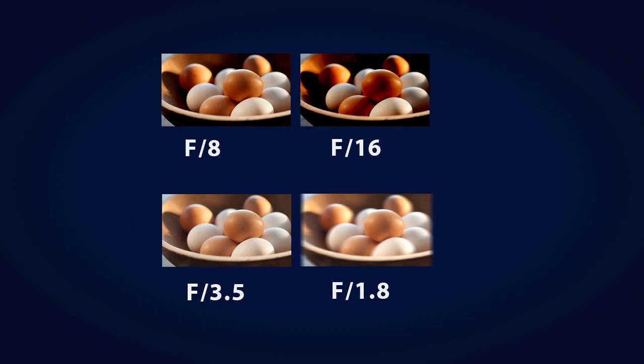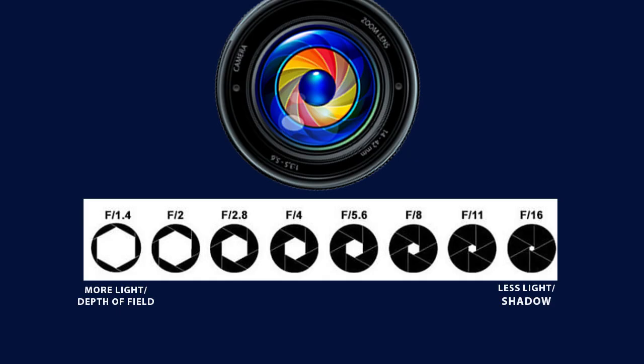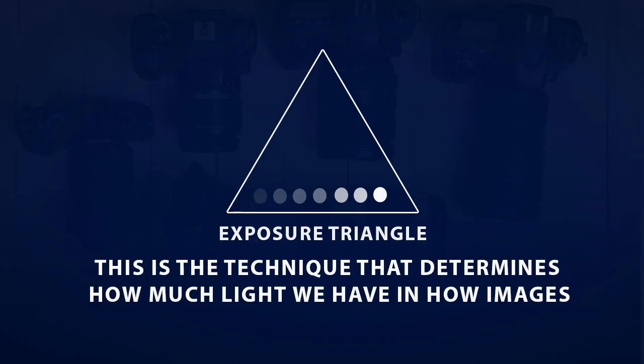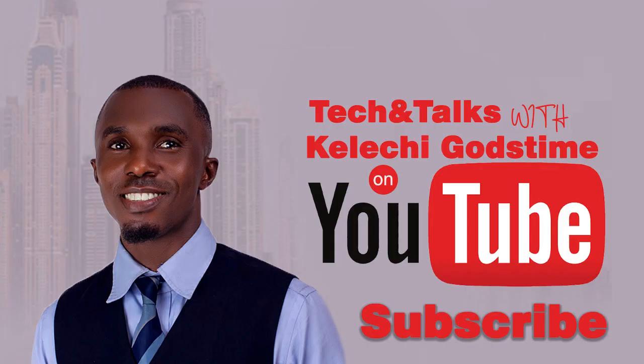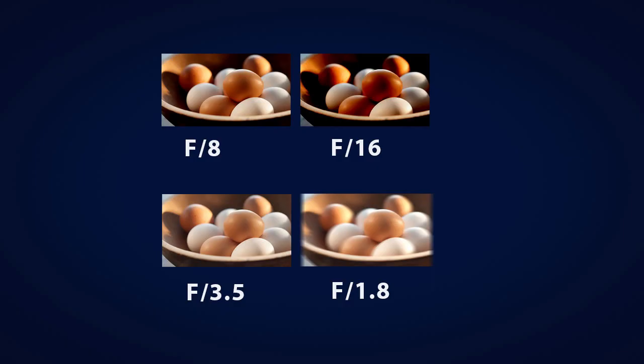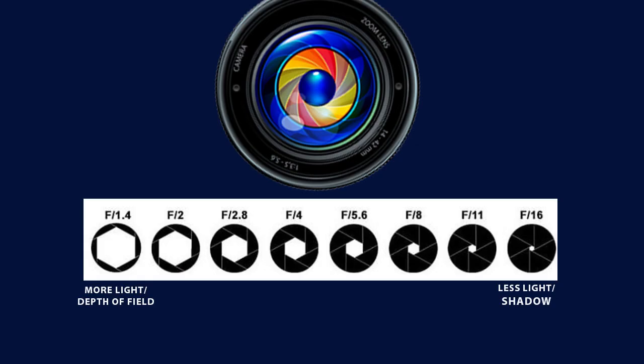But the trick is that it doesn't mean that using f16 makes your image bad, or using f1.4 makes your image right. What f-stop basically entails is that as a photographer, you already have an idea of what you want to achieve. You have that thing you want to create in your head. So this is just giving you an idea of how to play around with your exposure triangle.